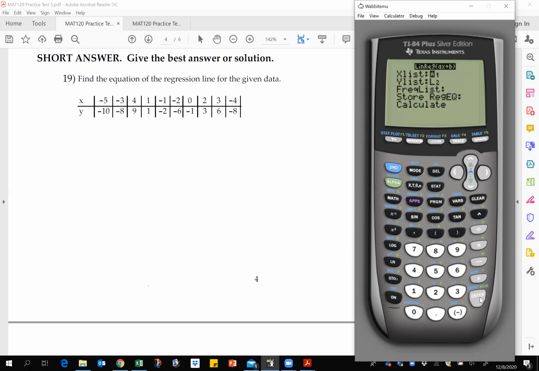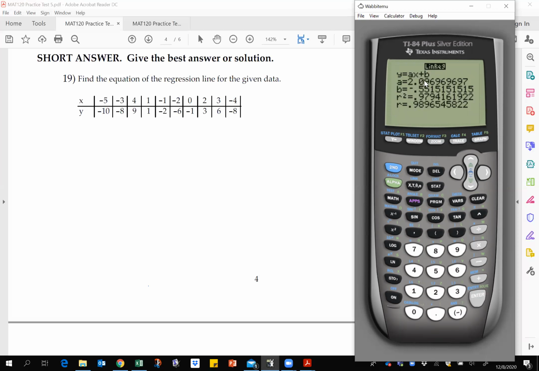We hit enter. On the TI-84 and the 83, there will be a little bit of difference this time out. The 84 will prompt you for X list L1, Y list L2. Frequency list should always be blank. And there's the option to store the regression equation. We're just going to go ahead and hit enter. On the 83, you should be able to go ahead and hit enter and end up at this screen right here.